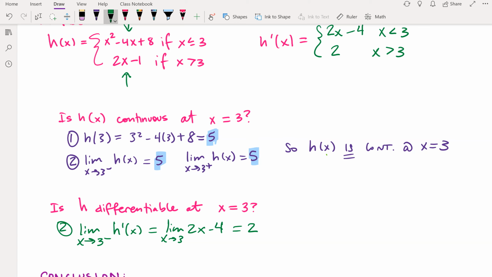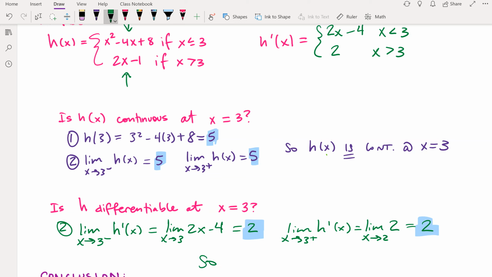Now let's check the limit from the right. Limit as x approaches 3 from the right of h prime, the derivative, equals the limit as x approaches 3 of the right piece, which is 2. And the limit of a constant is just that constant, so 2. These also equal each other. 2 equals 2. So guess what?